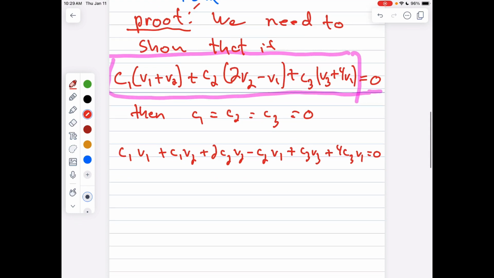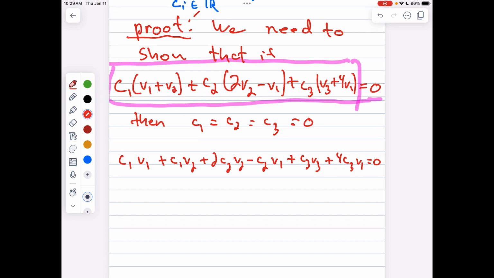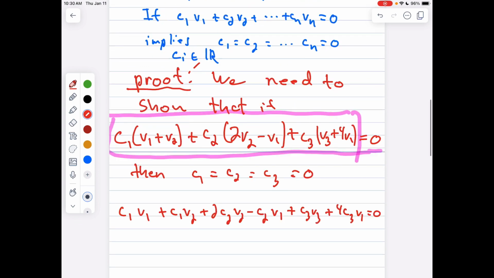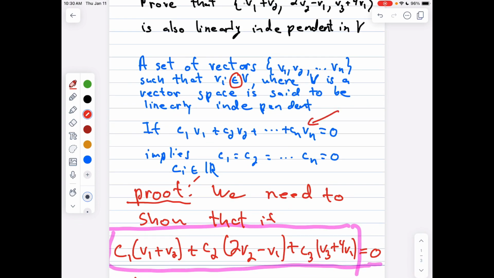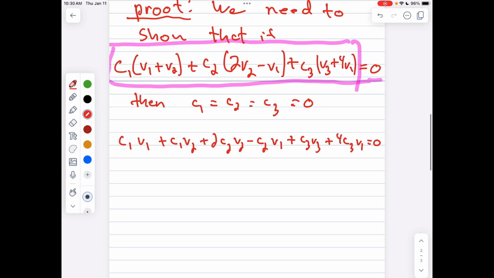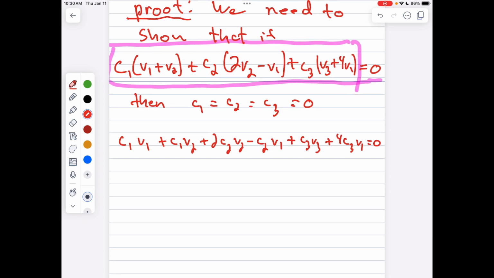Okay. And because the hypothesis said that your vectors are linearly independent, I'd like to get a statement with the v1s, v2s, and v3s, like what I had up here, because that's what the hypothesis is stating: if you take the linear combination of v1, v2, and v3, set it equal to 0, then all the c's equal 0.